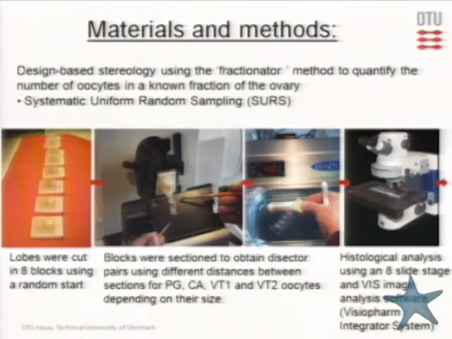The lobes in paraffin were cut into 8 blocks using a random start. The blocks were sectioned to obtain dissector pairs using different distances between the sections for the different oocyte types, depending on their size. This creates different volumes, but in each volume, the oocytes can be counted using this method.